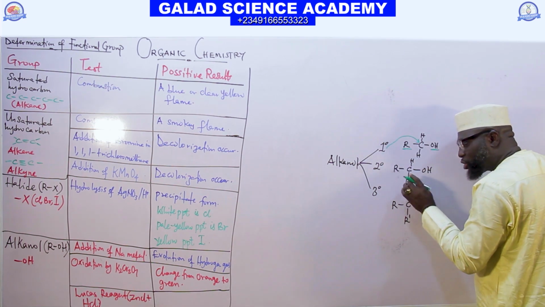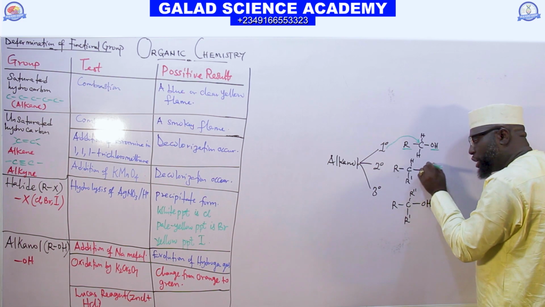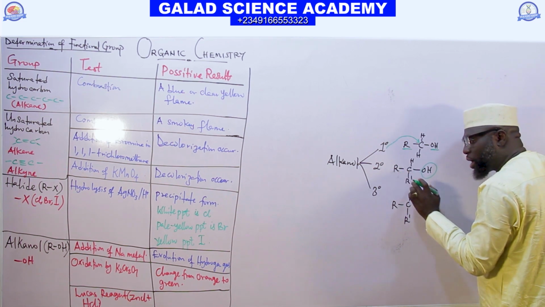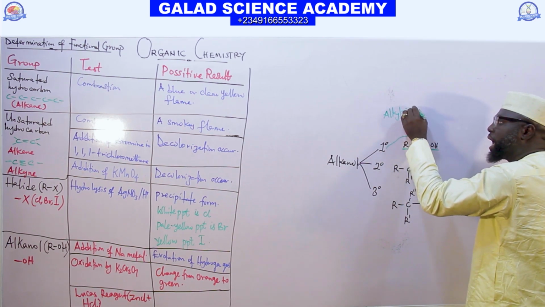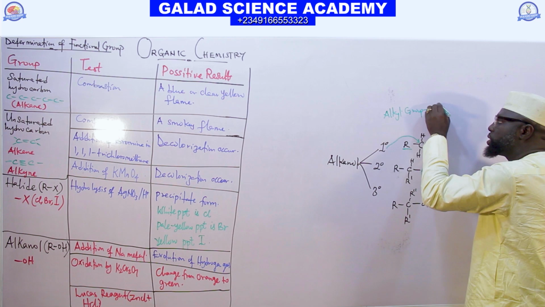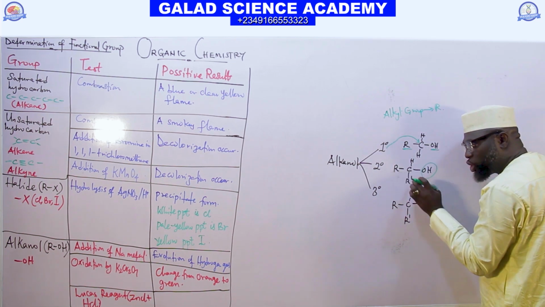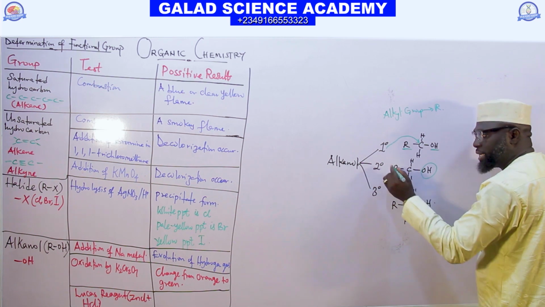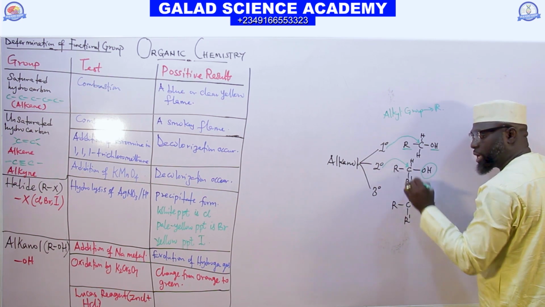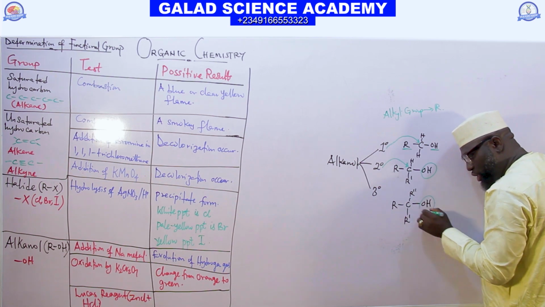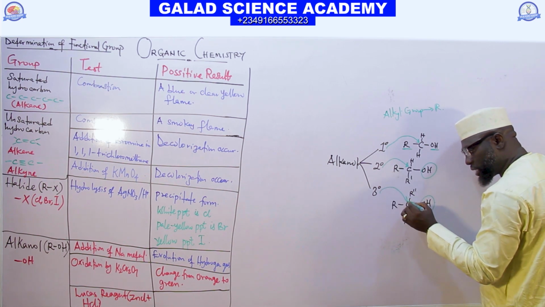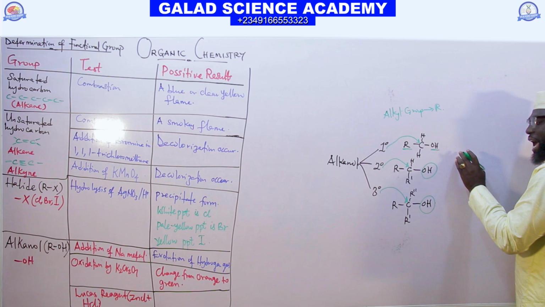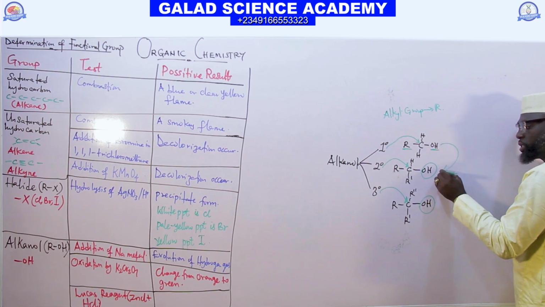Here, the carbon atom that carries the OH contains two alkyl groups. That's why we call it secondary alkanol. The carbon atom that carries OH here contains three alkyl groups. One, two, three. So that's why we call it tertiary alkanol.